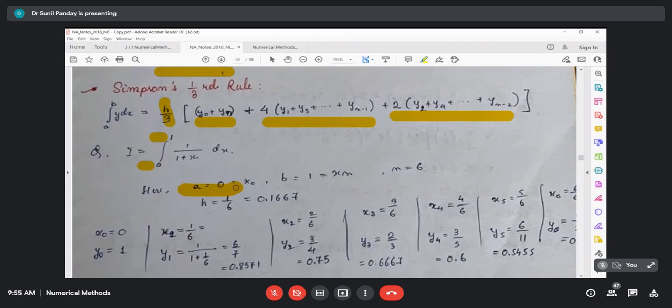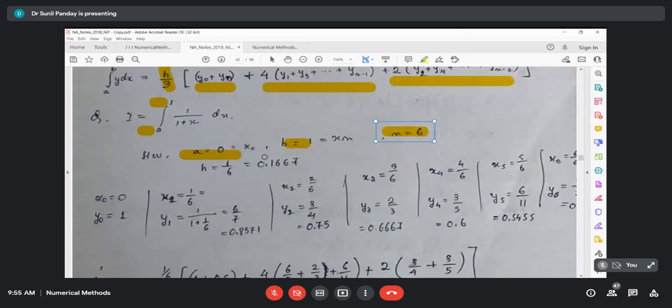Here a is obviously the lower limit 0, b is the upper limit 1, and n is 6. I have to take care that I cannot take 5 or 3 here. If I have taken 5, that means my results are wrong. In trapezoidal there is no such rule. You can take 3 also, 5 also, or 6 also. But in Simpson you have to take even.